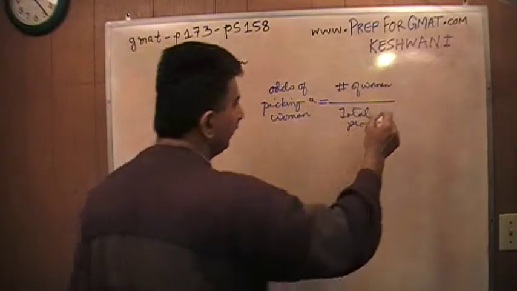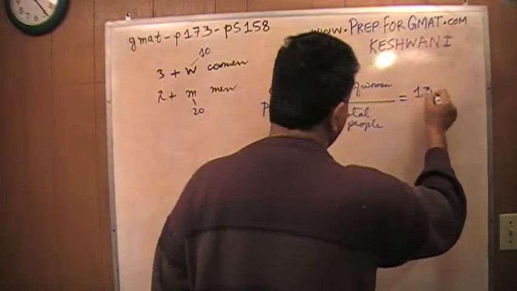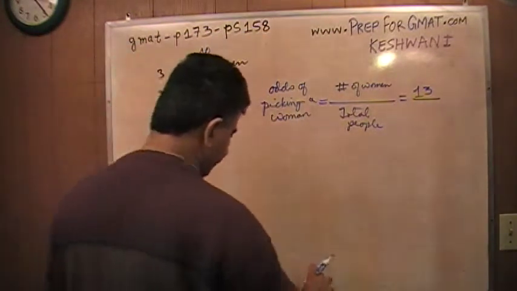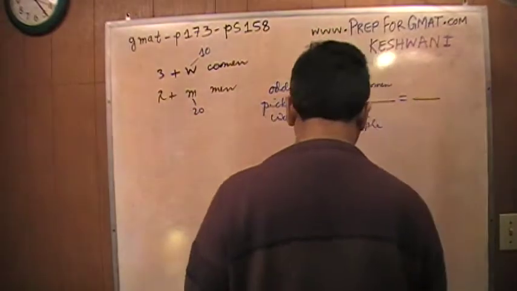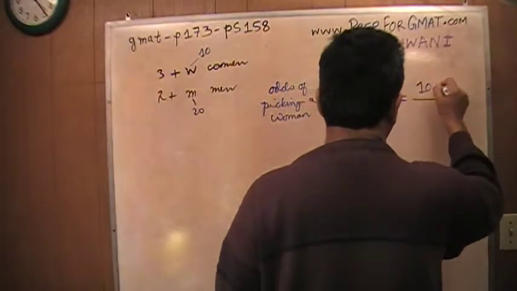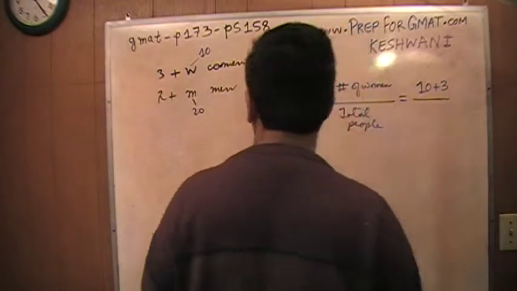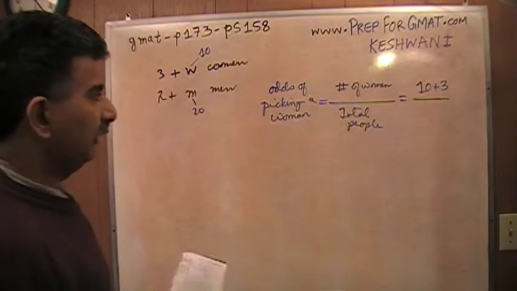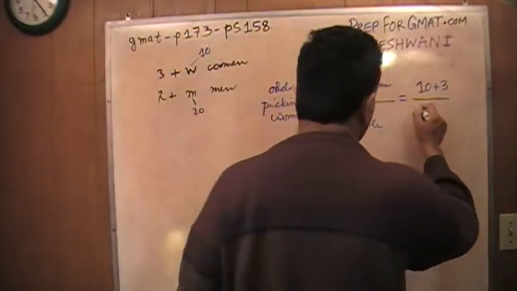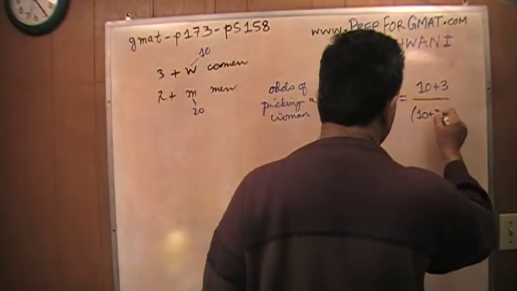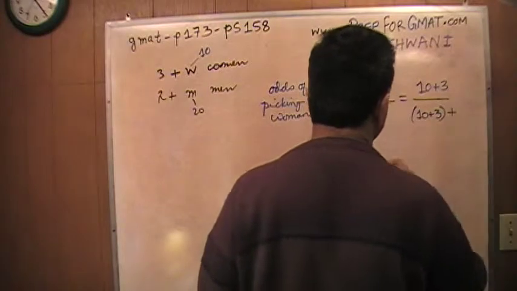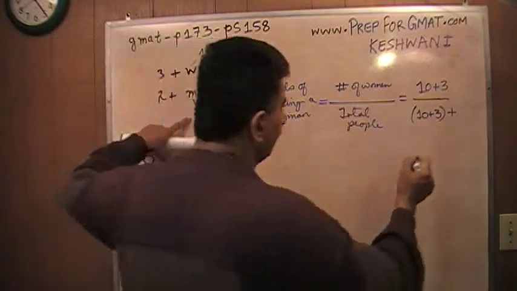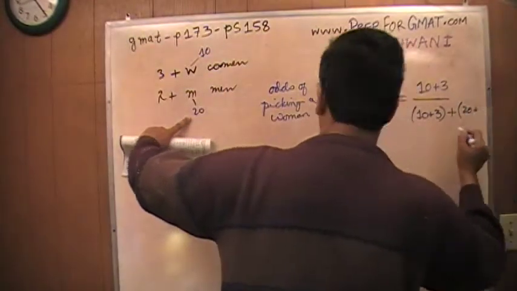So we have 13 women out of a total of, let me write down 13 in this manner here, 10 plus 3, 10 that we started out with, 3 more that we are adding, out of a total of how many? Total is the total number of women, which is the 10 that we started out with plus 3 more, plus the men, which is 20 that we started out with, and 2 more.